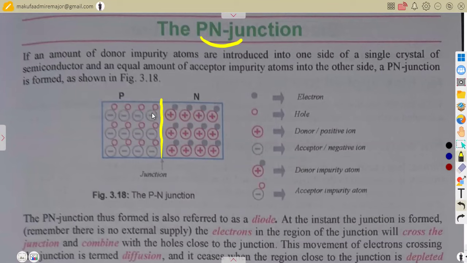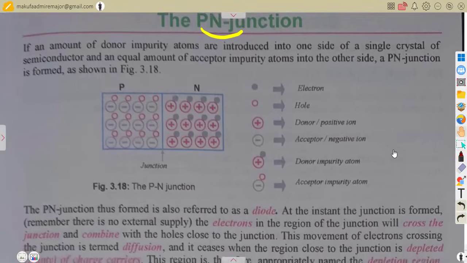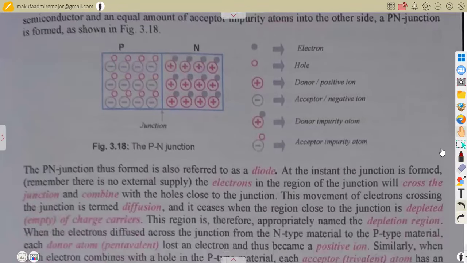Remember the force of attraction that we have between the electrons and protons. Different charges attract.